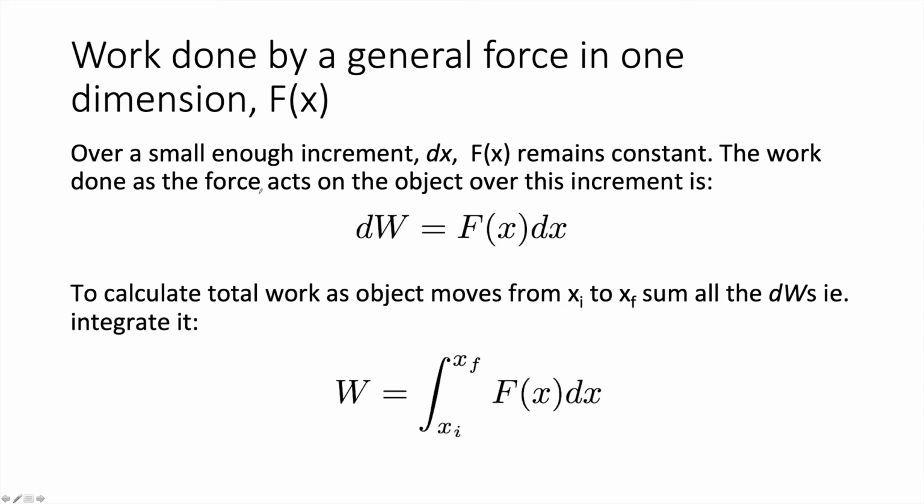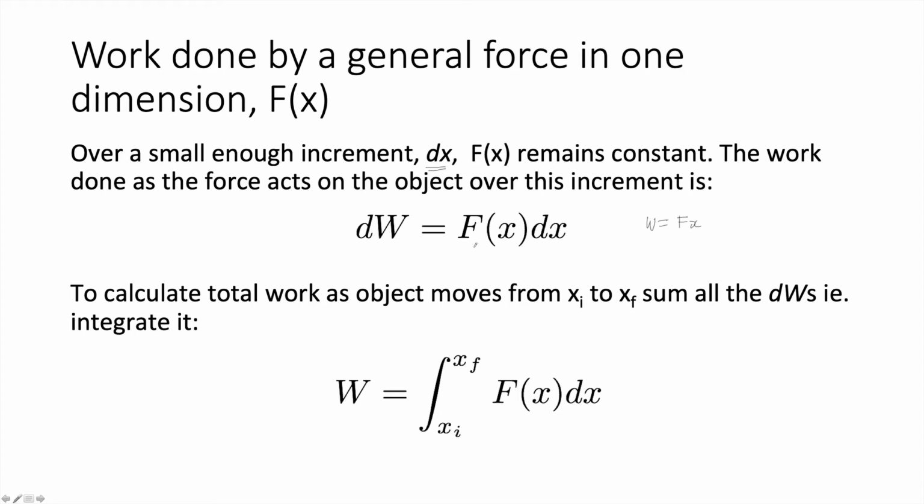So then the work done as the force acts on the object over this increment is given by dW is equal to f of x dx, because the work done is just equal to the force times the distance. So in this case, the distance that's being traversed is dx, and then we just show that this is a very small amount of work with our dW.